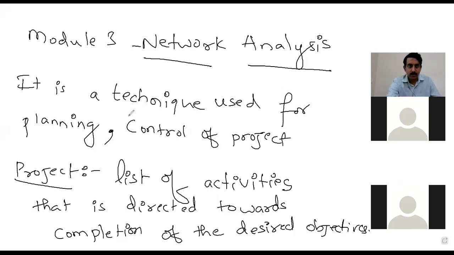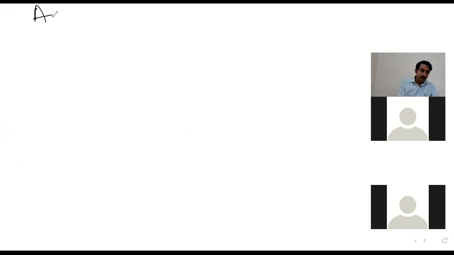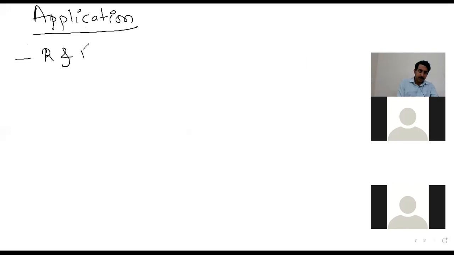Okay, so next, what is the application of this network analysis? The main application of network analysis is R&D projects. R&D projects means different types of research and developments being done.